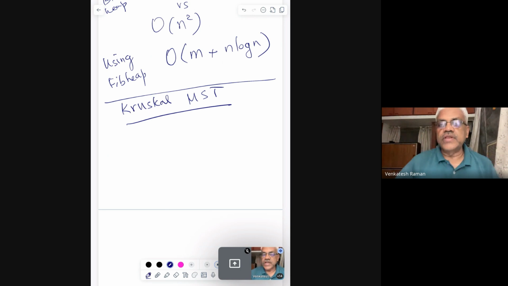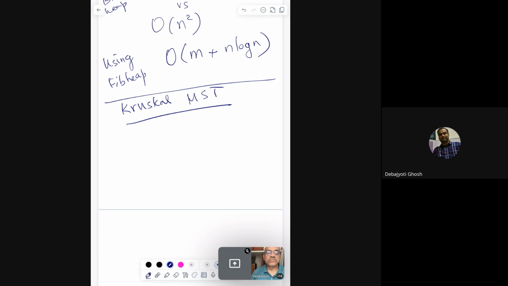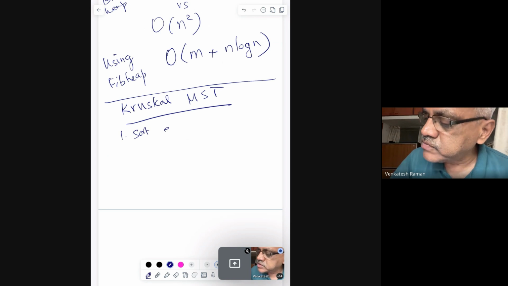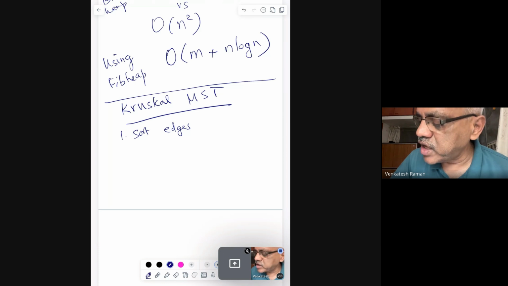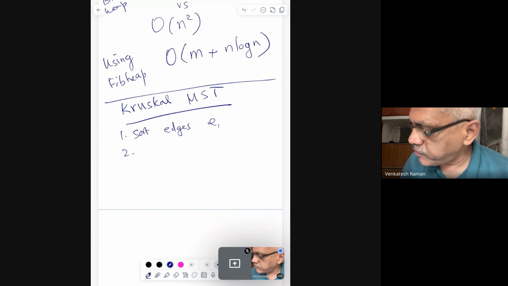Anybody wants to tell me the steps in Kruskal's algorithm? Sort the edges in increasing order. Yeah, in increasing order.